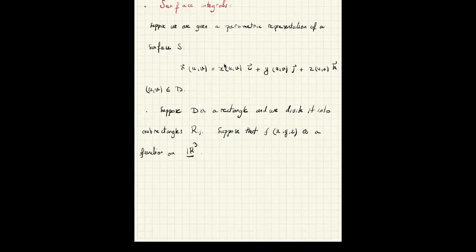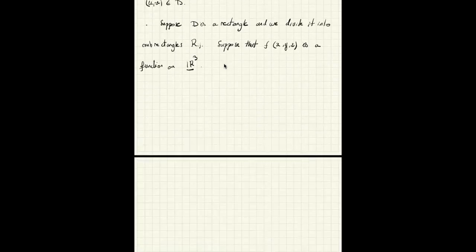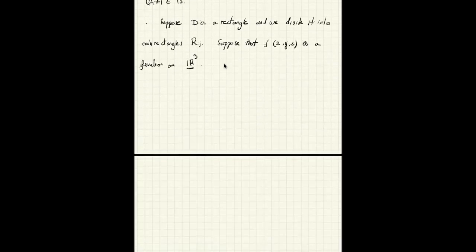Then what we'll do is remember what we had. We had the surface, and then we divide it into very small sub-patches on the surface. We call them Sij.